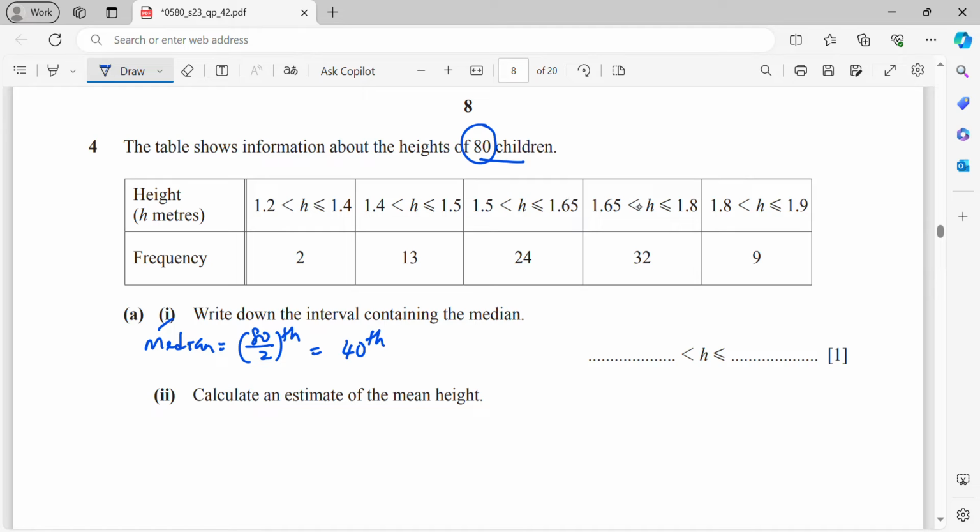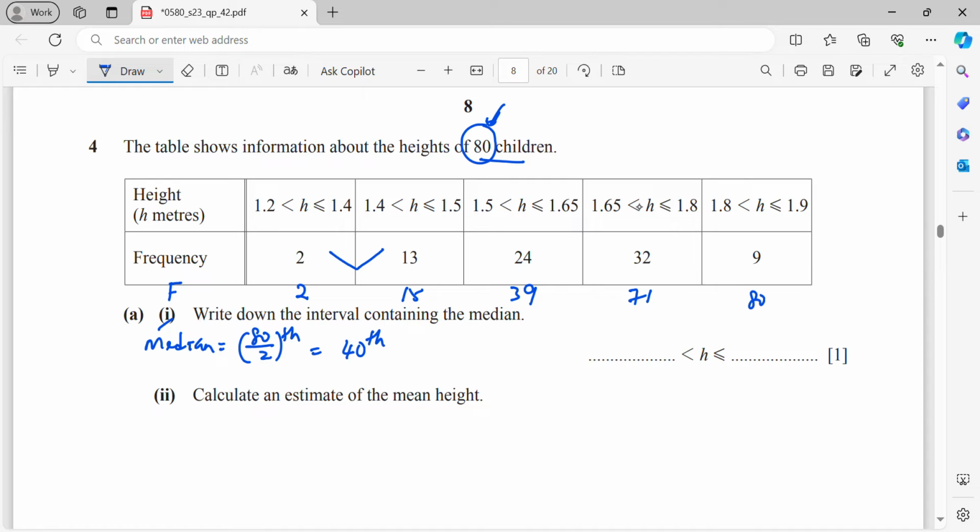So now I need to get the cumulative frequency, which I let be capital F. Here is 2, then you plus 13, that is the accumulated frequency, so I get 15. Then plus 24, you will get 39. 39 plus 32 is 71. 71 plus 9 is 80, which is why the total is 80 children.